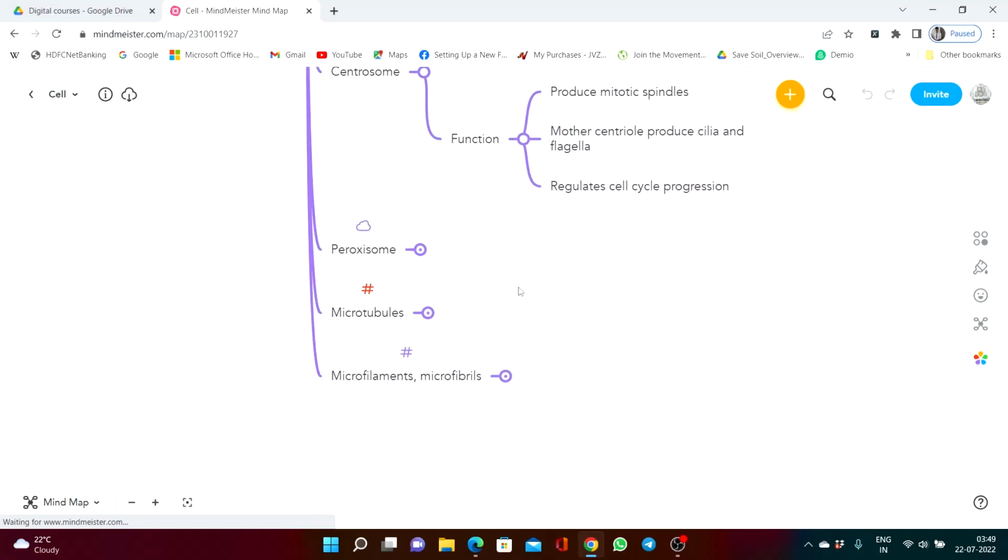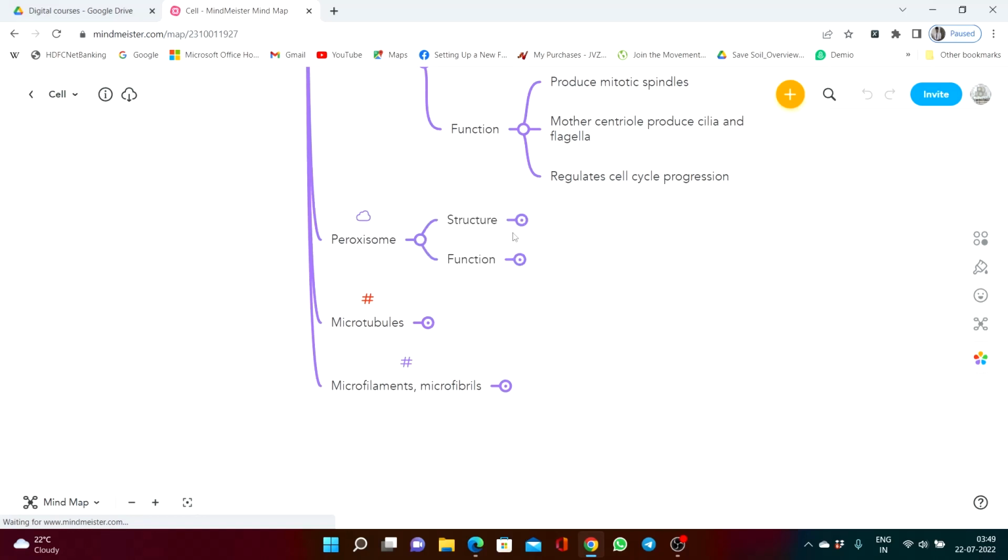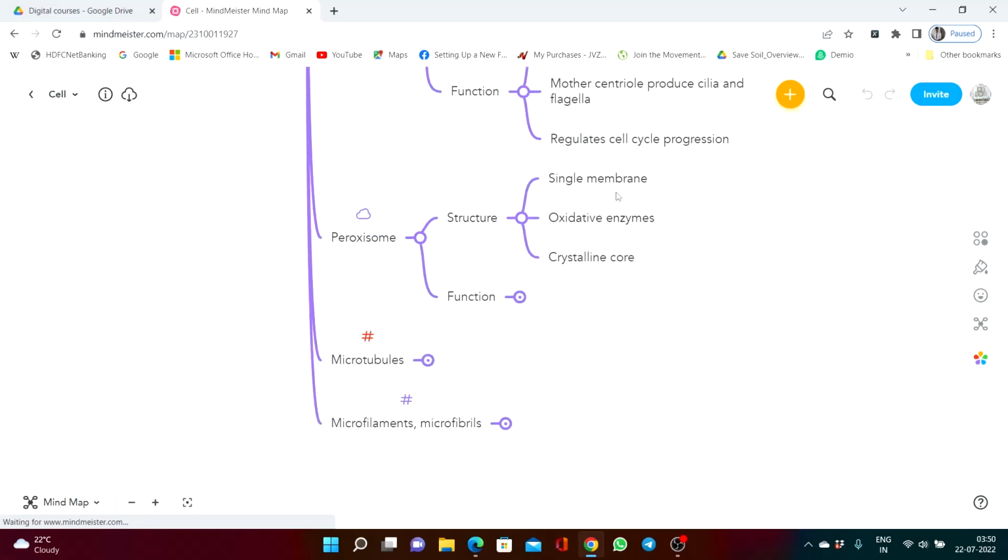Going into the smaller structures in the cytoplasm, the peroxisome is also a single membrane bound structure which has a core of oxidative enzymes, and sometimes it has a crystalline core.